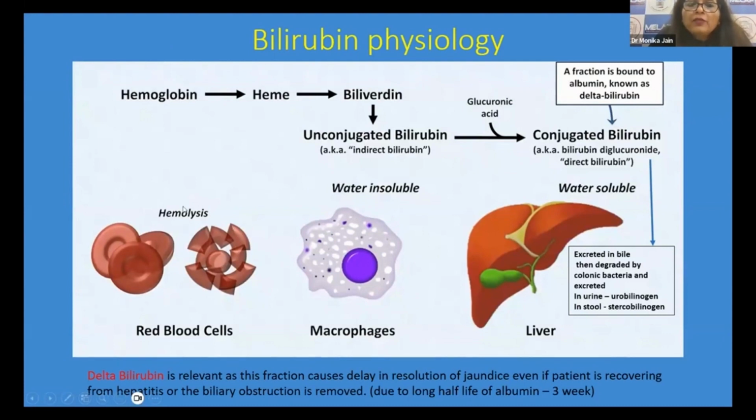Once the hemolysis of RBCs occurs, the hemoglobin is broken down into heme. Heme, through macrophages, is converted into biliverdin. Biliverdin is converted into unconjugated bilirubin, that is the indirect bilirubin.